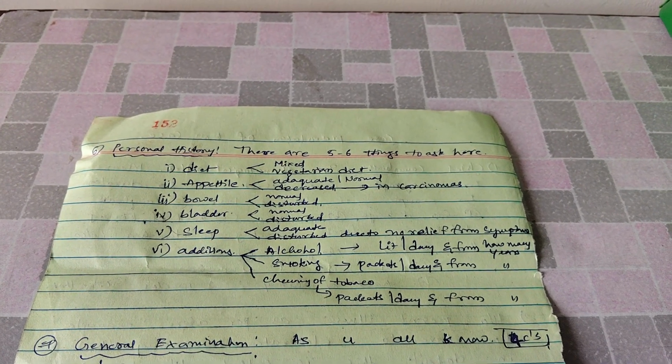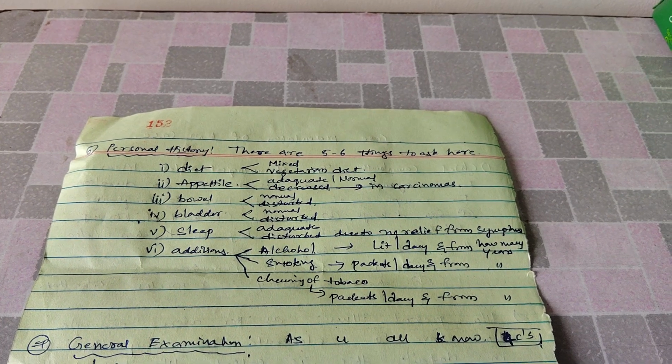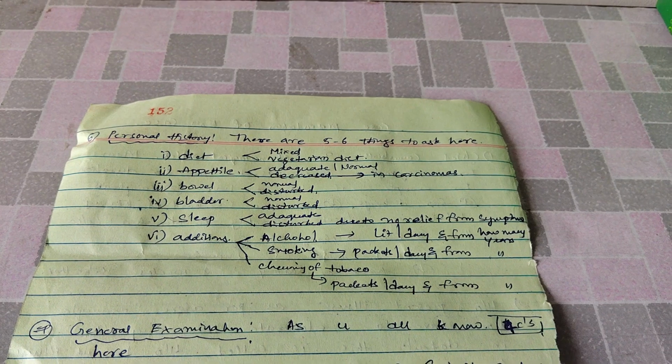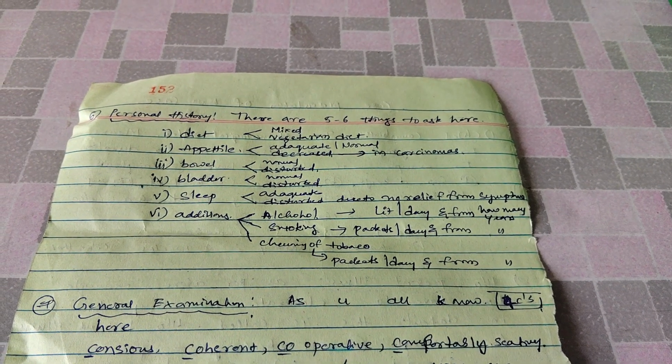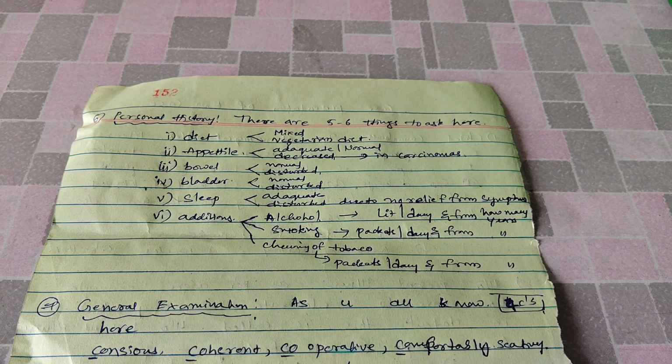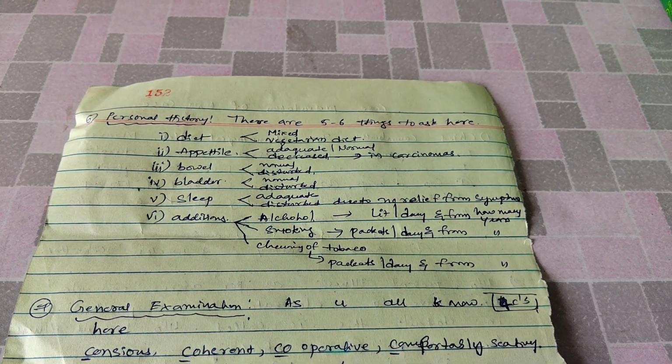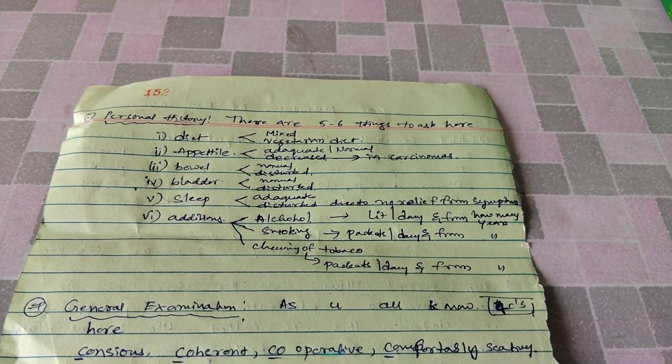In the general examination, as you all know from second year, there are 4 C's. What do you mean by 4 C's? Conscious, coherent, cooperative and comfortably seated. Why is this important? Why should the patient be conscious, coherent, cooperative and comfortably seated?